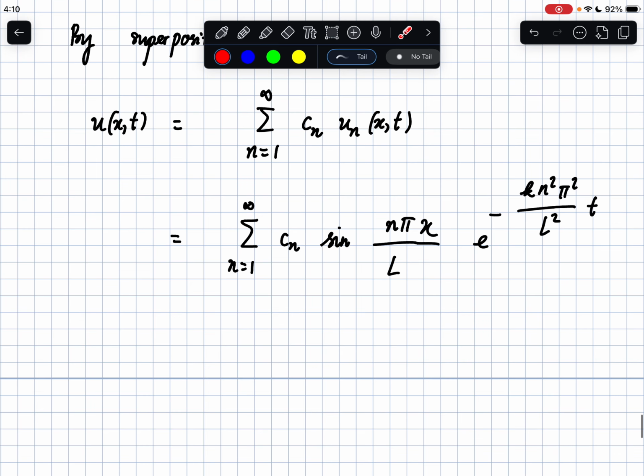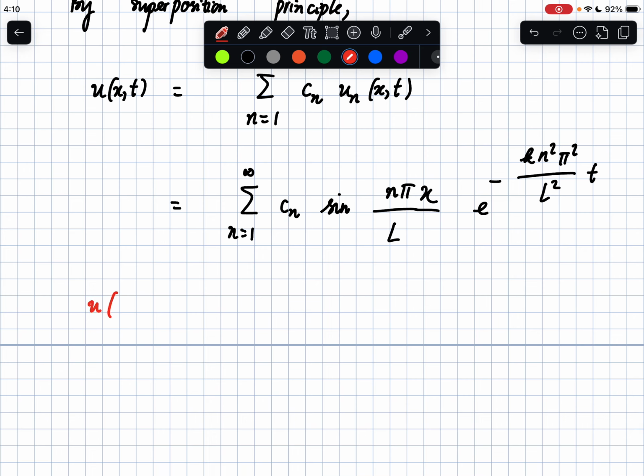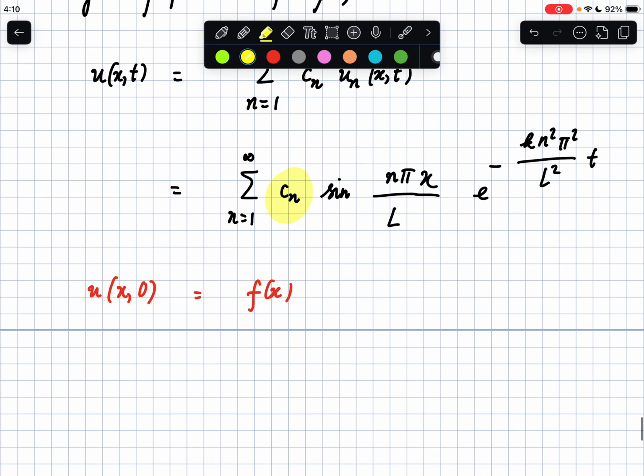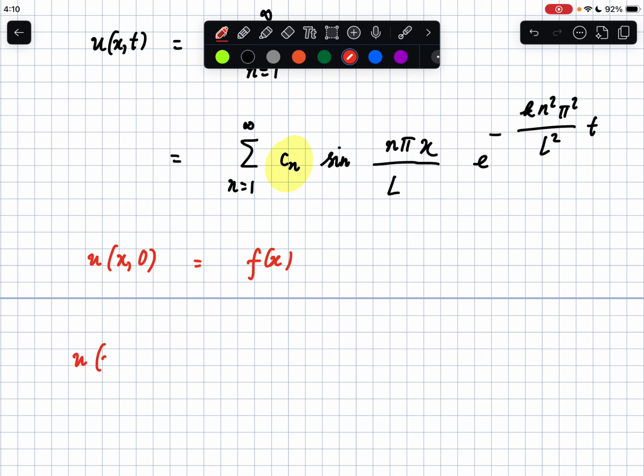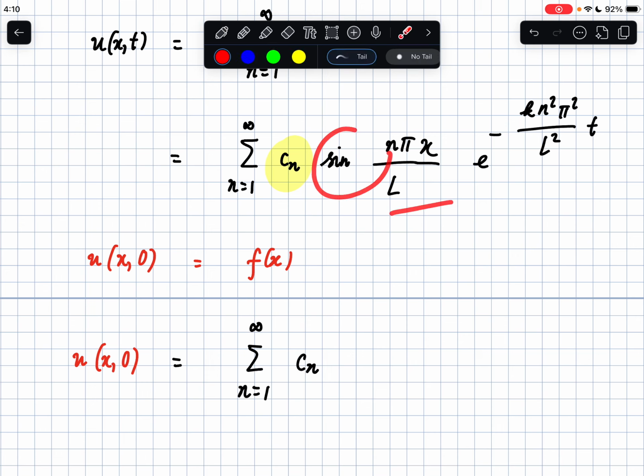Now remember that we have the initial condition, which at the beginning we did not use. Now we use it: u of x comma 0 is f of x. We will use this initial condition to solve for the coefficient cn. u of x comma 0 equals the summation n from 1 to infinity of cn sine of n pi x over L, because when we plug in t equals 0, the exponential e to the power 0 is 1.